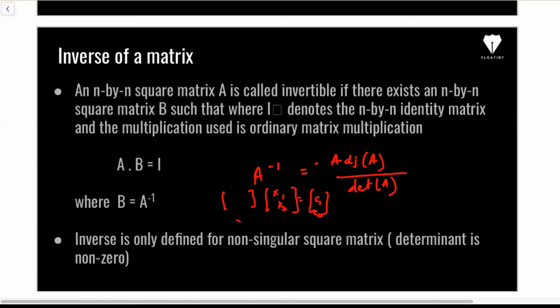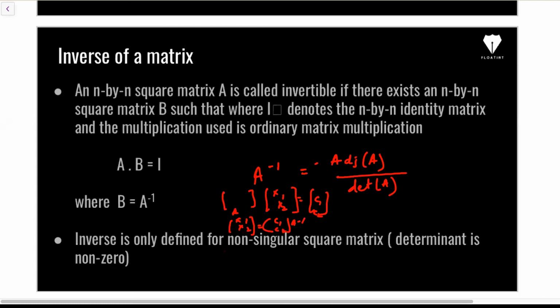If you want to get the value of x1, x2, you just take the inverse of this A matrix, and then you will get the values of x1 and x2. So in linear transformation and in linear regression, this inverse is used.